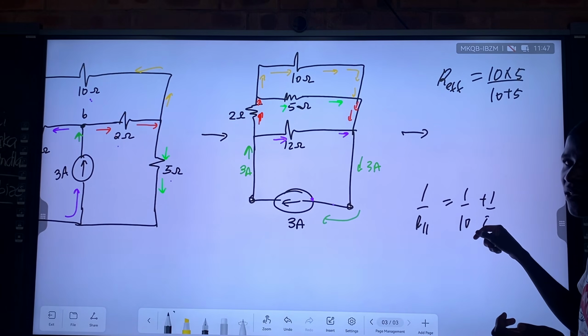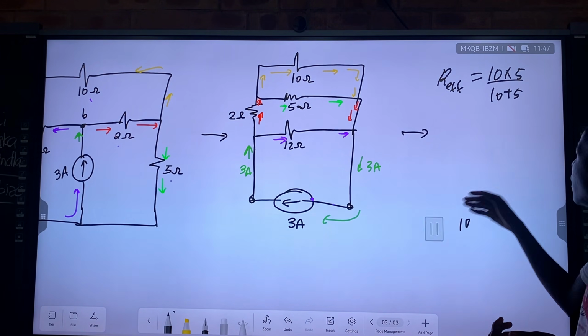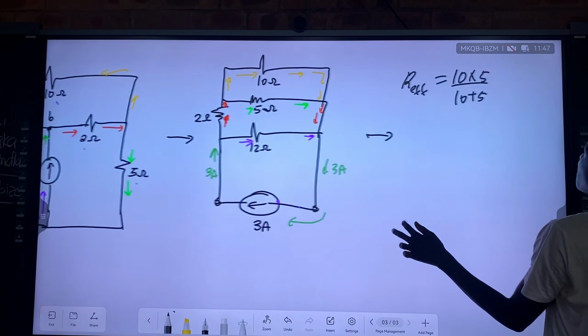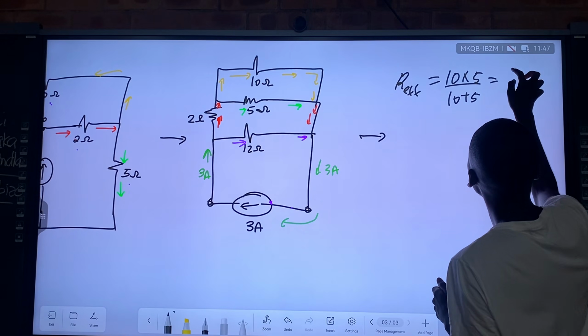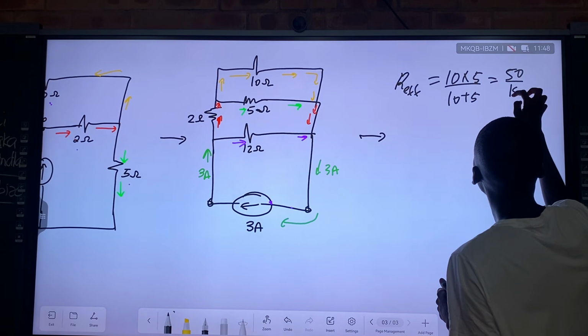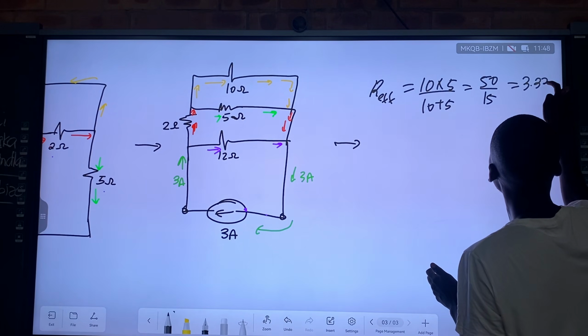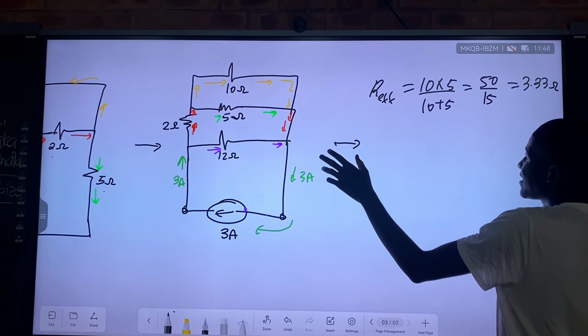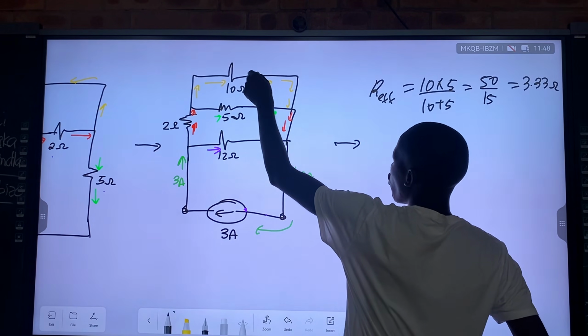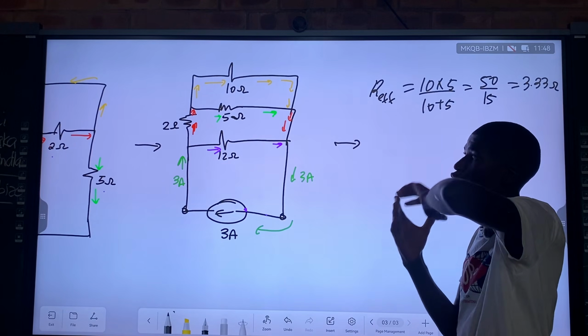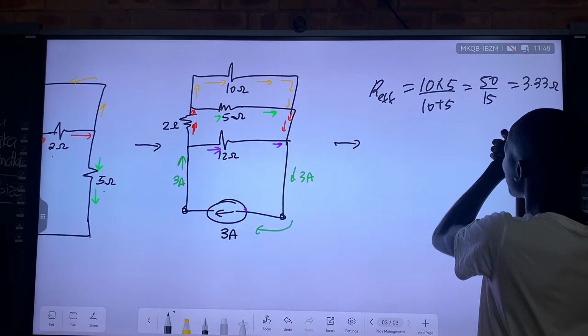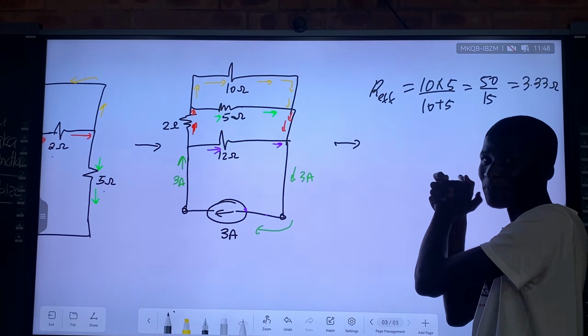Same thing. So 10 times 5 is 50 over 15. What is 50 over 15? 3.33 ohms.